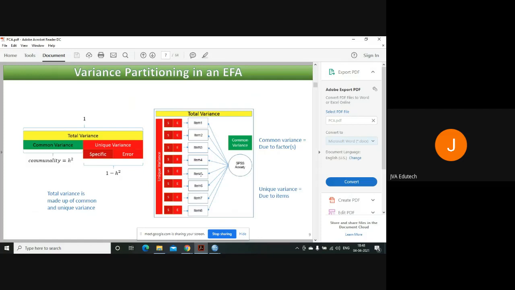They are of two types. They are further divided into specific variance and error variance. Specific variance is the variance that is specific to a particular item. Like we have the statement, all computers hate me. This may have variance that is attributable to anxiety about computers in addition to anxiety about SPSS.